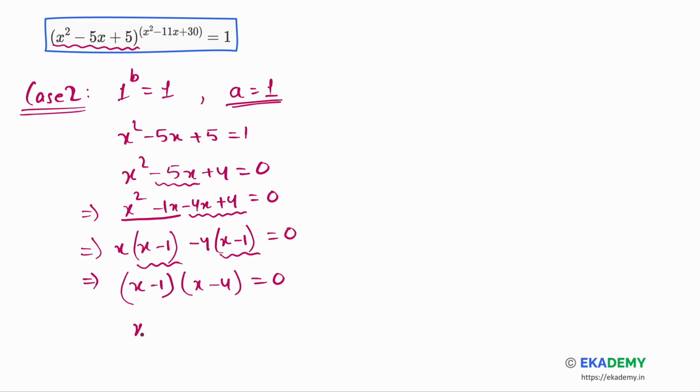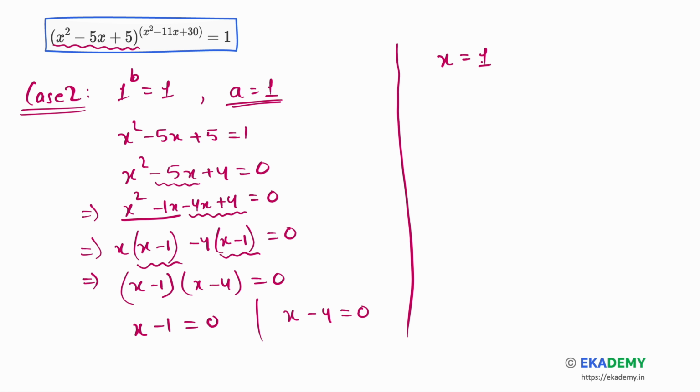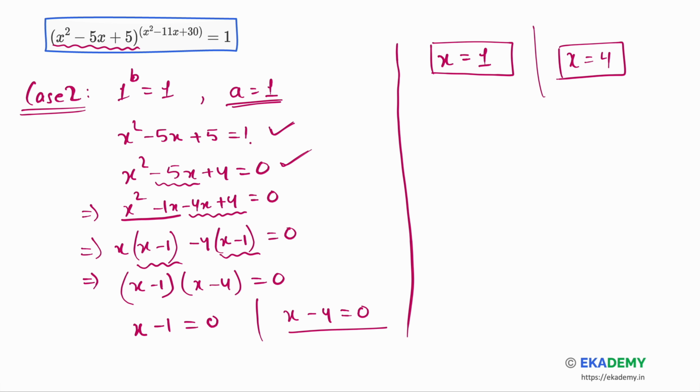That means either x minus 1 is 0 or x minus 4 is 0. If x minus 1 is 0, then x will be 1. So, this is one of the solutions for this quadratic equation. And when x minus 4 is 0, that will give x equals 4. So, this is another solution for case 2.